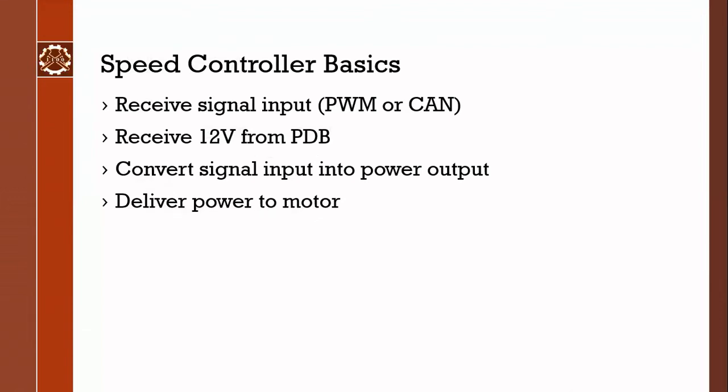They receive a signal input, the PWM or the CAN, and they receive 12 volts from the PDB, which takes all 12 volts from the battery directly. There's a conversion of signal input to the power output, and it delivers power effectively to the motor.